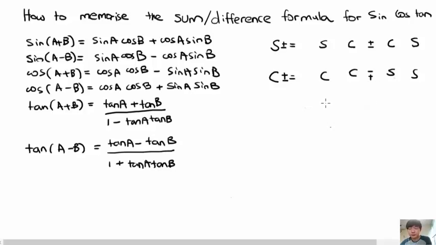Okay? Well, that's pretty much everything for sine and cos. How does this work? I'll show you. Sine is sine, cos, cos, sine. And if it's A plus B, sine of A plus B is just the sine of A, cos of B, cos of A, sine of B. So it's just A plus B, AB, AB.